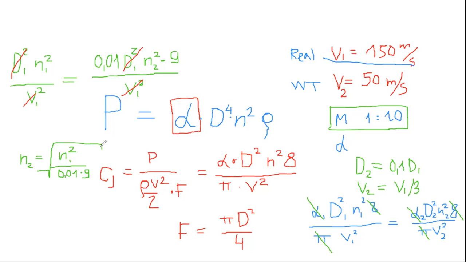Yeah. So this is the formula for RPM in the case of an aircraft with linear scale 1 to 10 and speed change 1 to 3. So we can change this formula slightly.